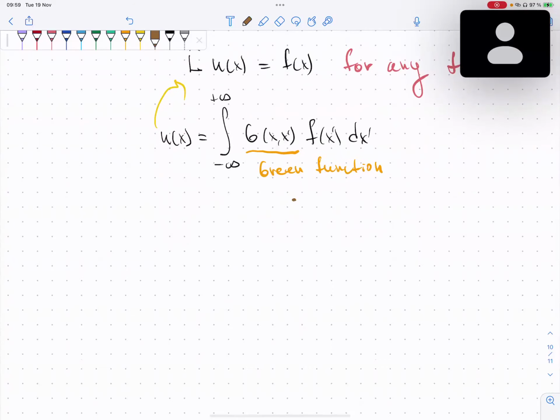For example, you can read about this on Wikipedia. Also, I was teaching myself what the Green function is from the book called Classical Electrodynamics, and the author is Jackson.